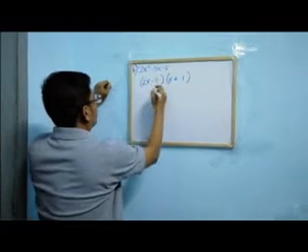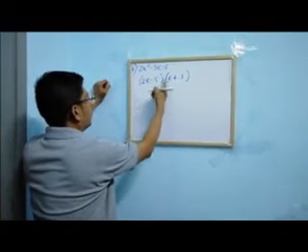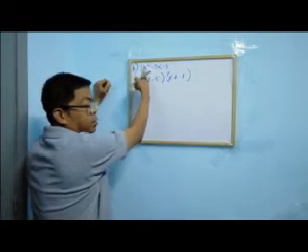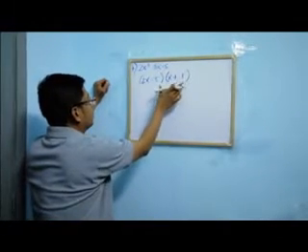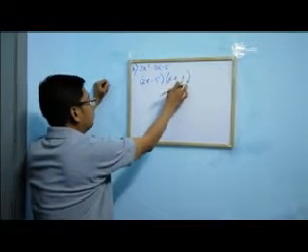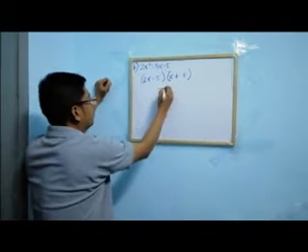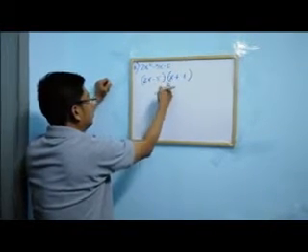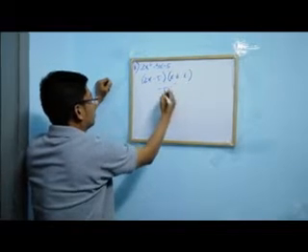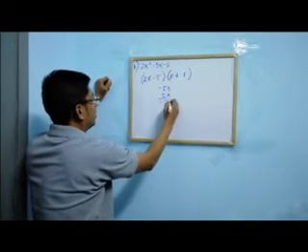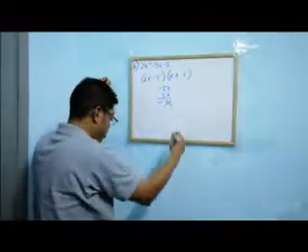To check, for the first term, 2x times x is 2x squared, and for the last term, negative 5 times 1 is negative 5. For the middle term, 2x times 1 is 2x, and negative 5x plus 2x gives negative 3x, the middle term.